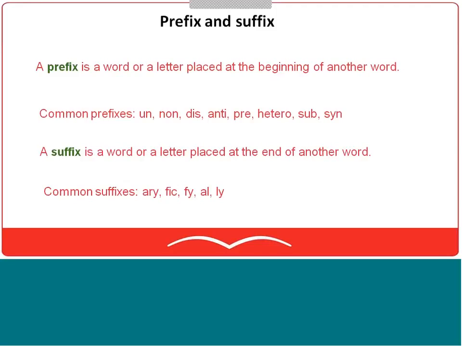Suffixes tell you if a word is a noun or a verb or an adjective. For example, the suffix tion, shun, is a common noun suffix. The suffix fy is a common verb suffix. And you all know ly, the suffix, is used commonly in adverbs.